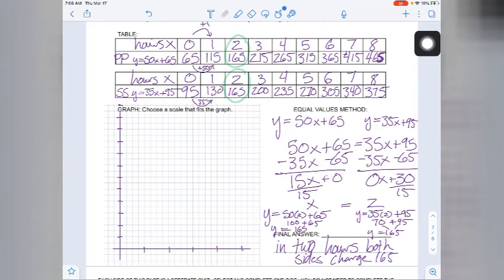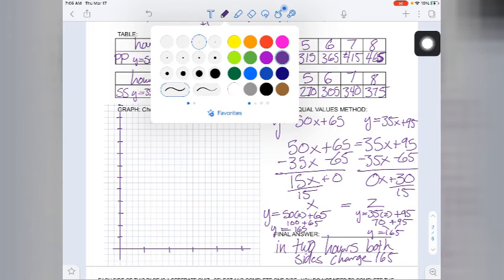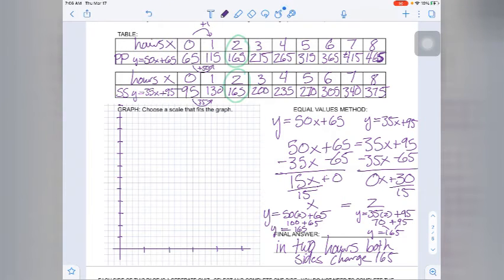Okay, so I know that at 0 hours, Plumbing Plus charges $65 for 0 hours of labor on your house, just to come look at it. So if this is 25, 50, 75, it's going to be somewhere between 50 and 75, right about there.